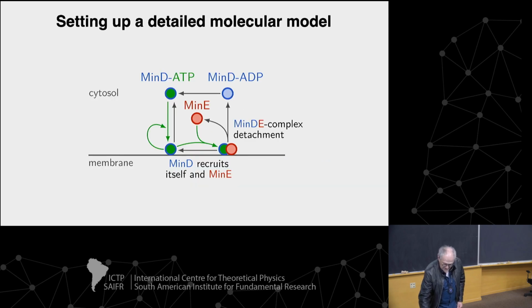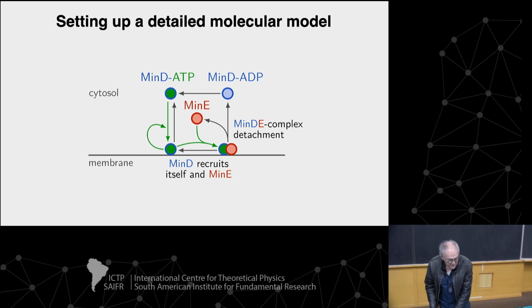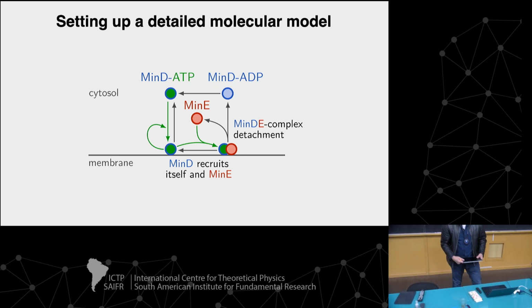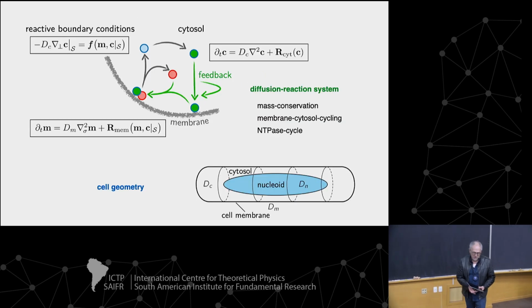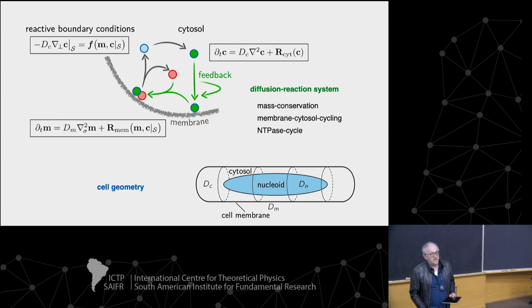Now let us go to construct the model, and I'll guide you through. So, this is the reaction network that we have. And what we want to construct is this. So we want to construct the diffusion reaction equations on the membrane, in the cytosol, and the boundary condition that's connecting the two diffusion reaction equations between the two compartments.